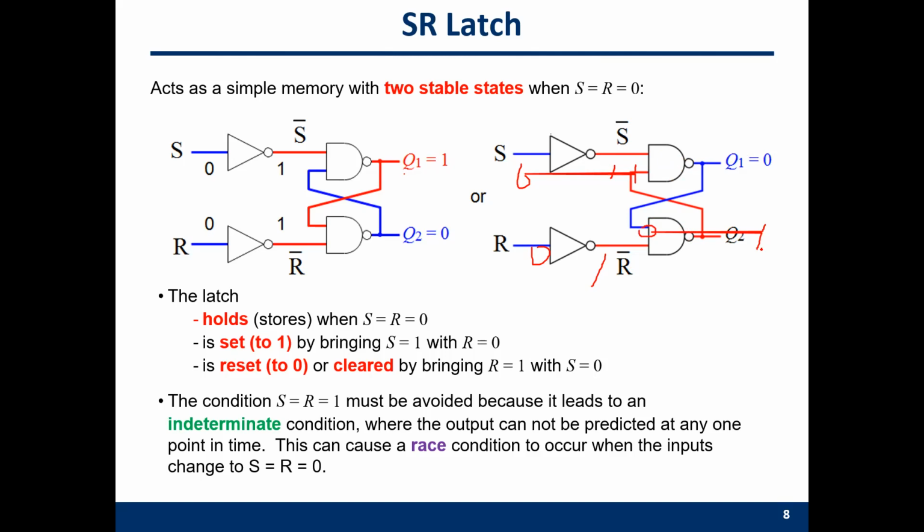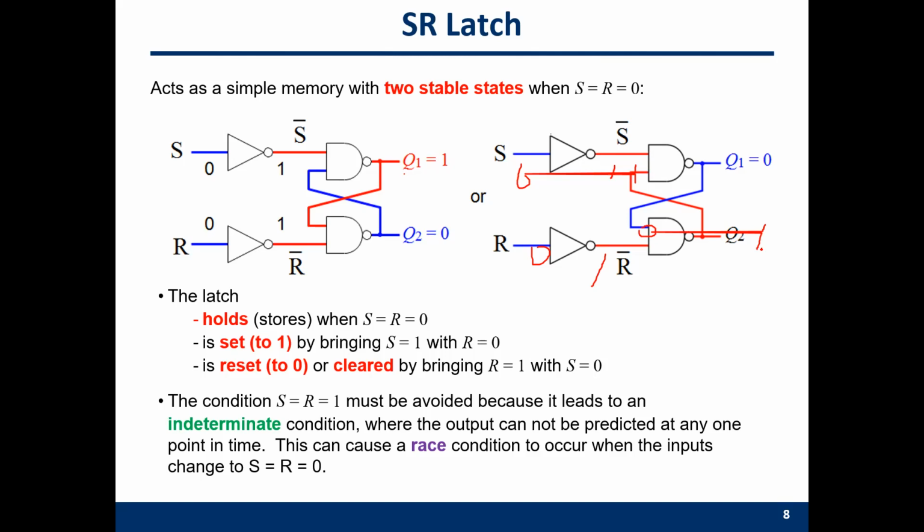It will hold its previous state, no matter whether Q1 is 1 or 0. They don't matter. If both S and R are zeros, then it holds. But if S and R are 1 and 0, you have a set, and Q1 will be 1.